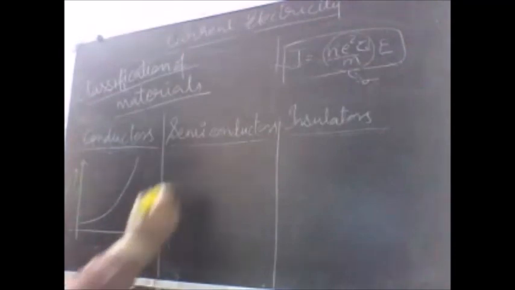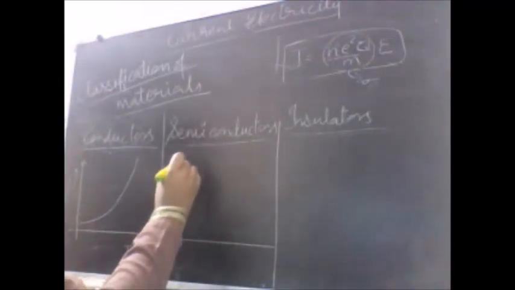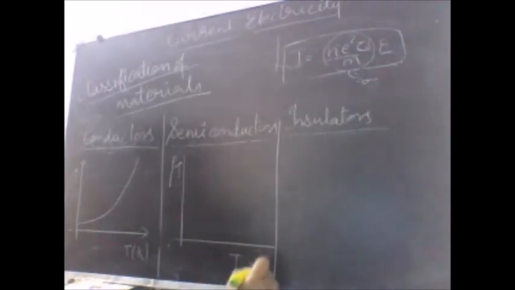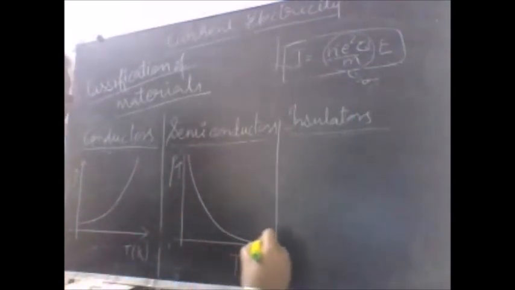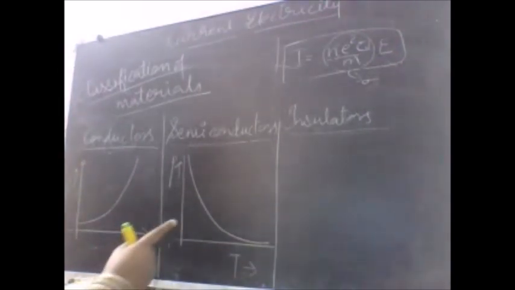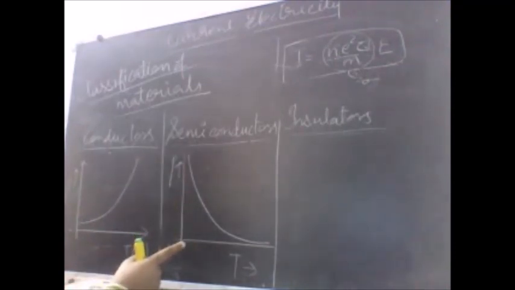About the semiconductors, the graph is falling exponentially. That means resistivity is maximum when the temperature is almost zero.